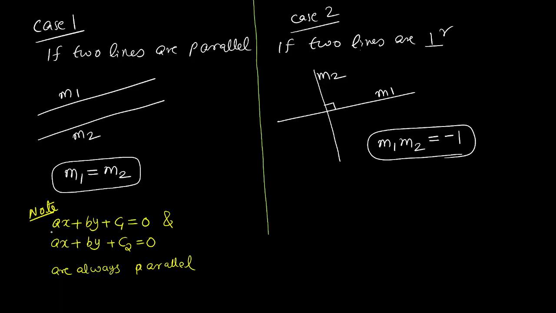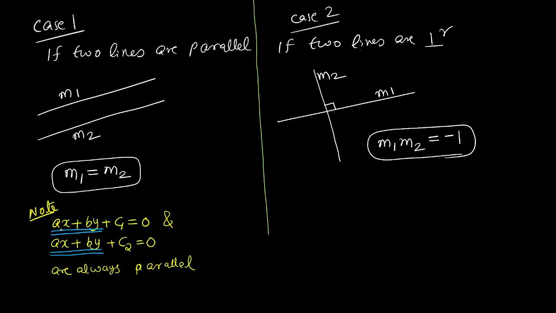So the nature of parallel lines is, if you write the equations of two parallel lines, both have the same x and y terms, and only the constant term will be different. This is helpful in doing certain problems. So remember, if two lines are parallel, the slopes will be equal.